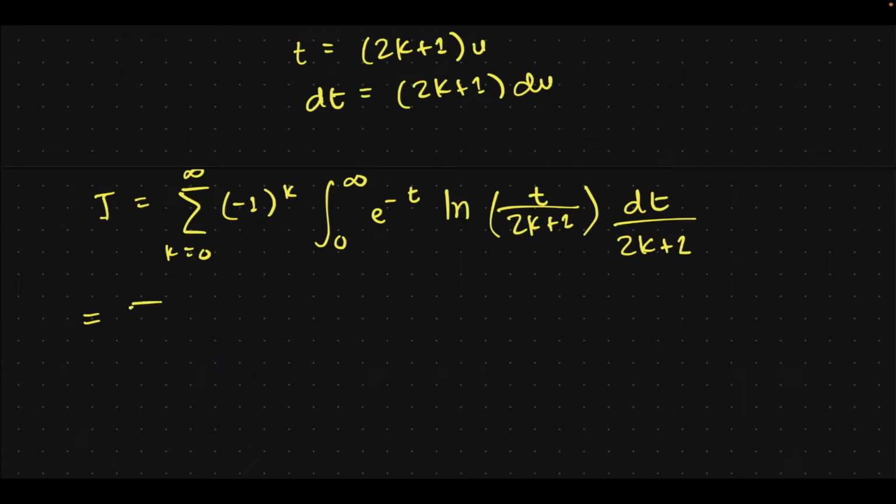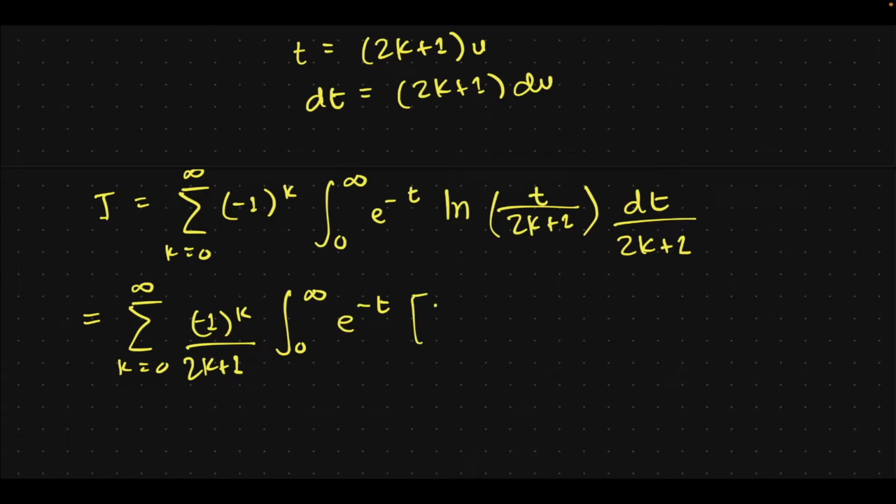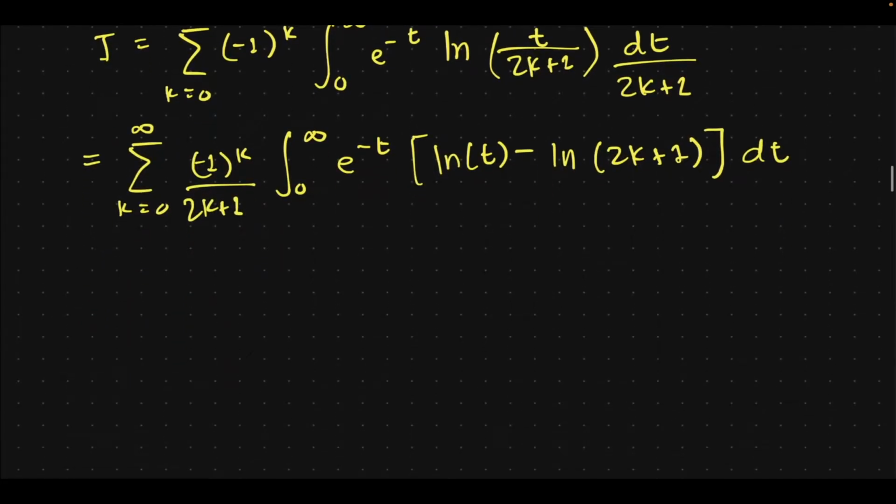Which we can just do some simple algebra on. So the exponential is as it is. We can probably pull out the 2k plus 1, and we shall have in brackets, we can split the natural log up, natural log of t minus natural log of 2k plus 1, dt, and now we shall have two integrals here.